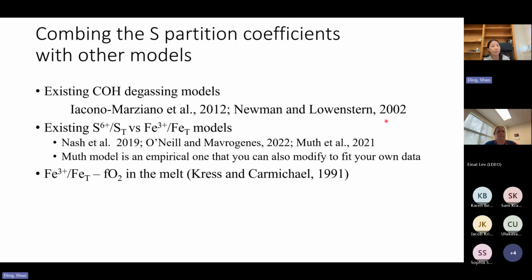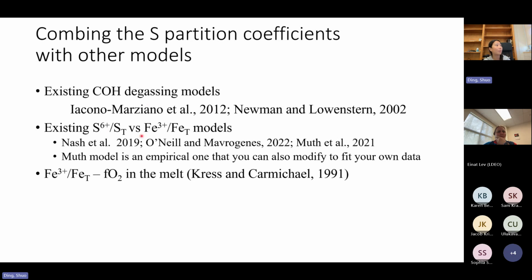The second is really for shallow, low pressure, and, more importantly, dry magma. If you are interested in modeling arc magma degassing, which has more than 1% water, this one would be more suitable.